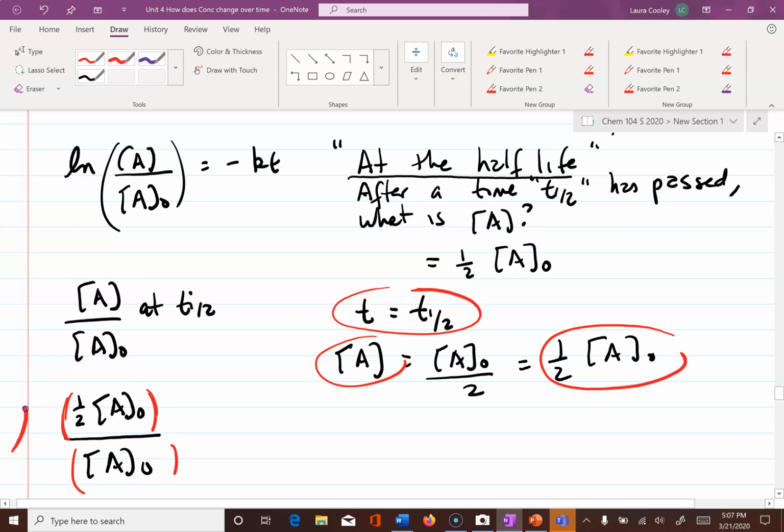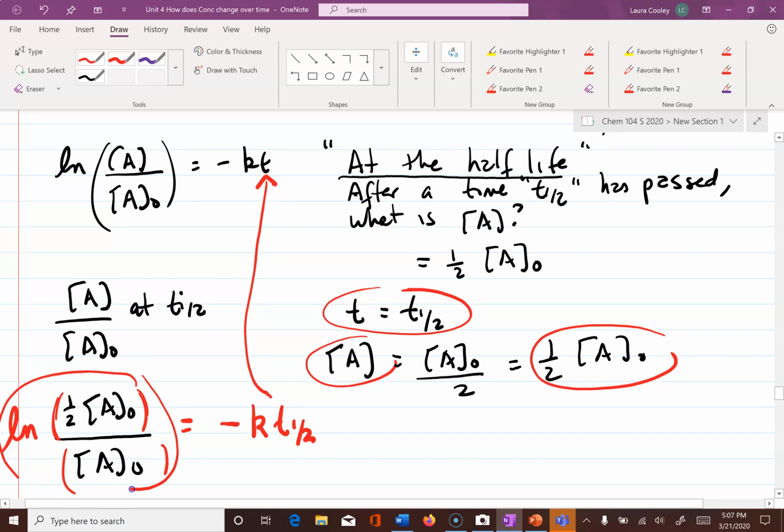We know that the log of that is minus k, but I'm not going to put t in here, because I know that the time when A is 1/2 A0, when I can substitute 1/2 A0 for A, happens only at the half-life.